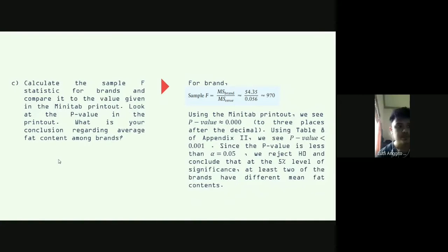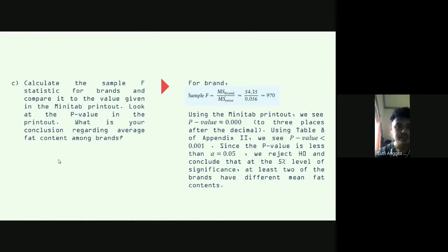C. Calculate the sample F statistic for brands and compare it to the value given in the Minitab printout. Look at the p-value in the printout. What is your conclusion regarding average fat content among brands?